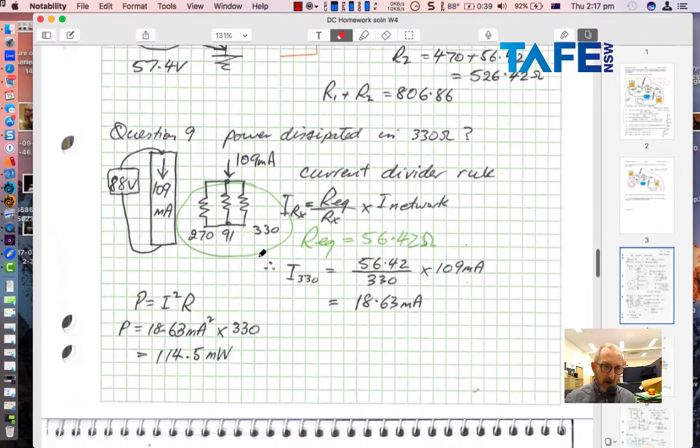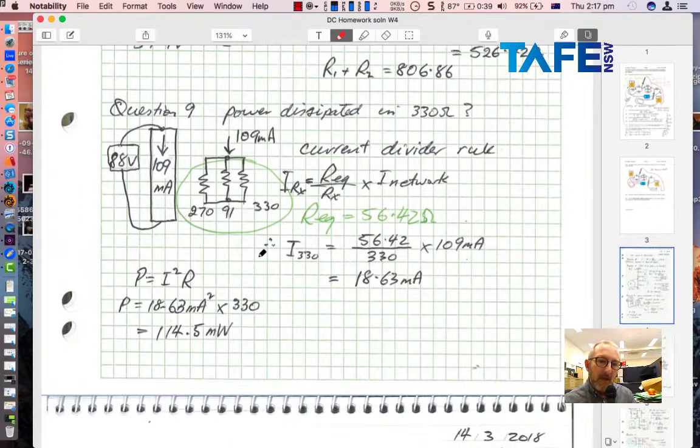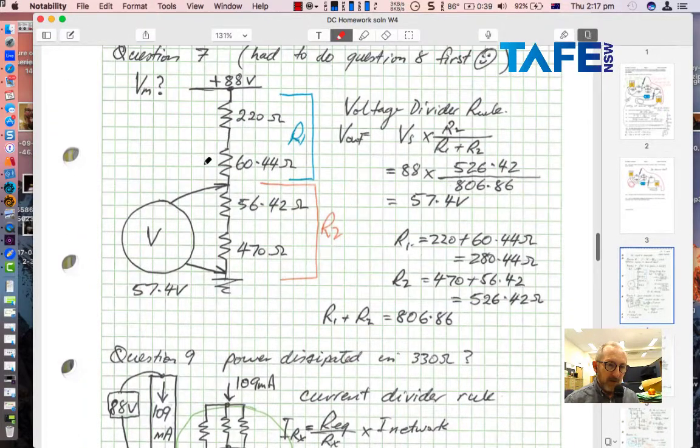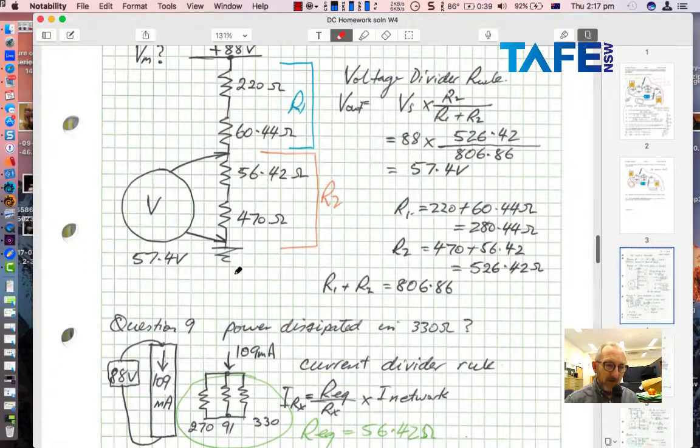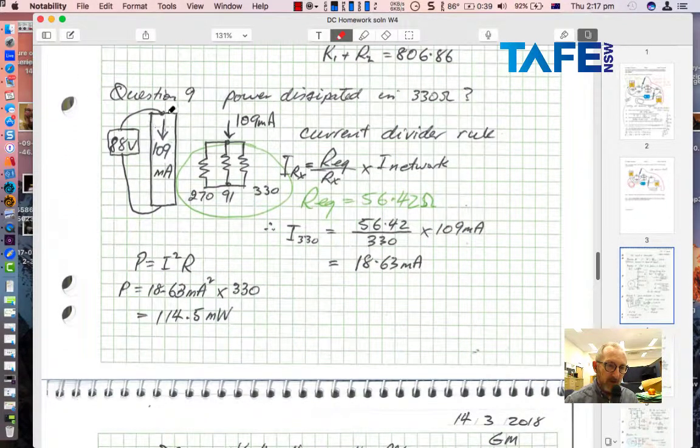Question 9 was the power dissipated in the 330 ohm resistor. What I've done here, because I've got this block of 4 resistances all in series, is put them as a rectangular block. And there's my 88 volt battery, 109 milliamps of current flowing down through it.